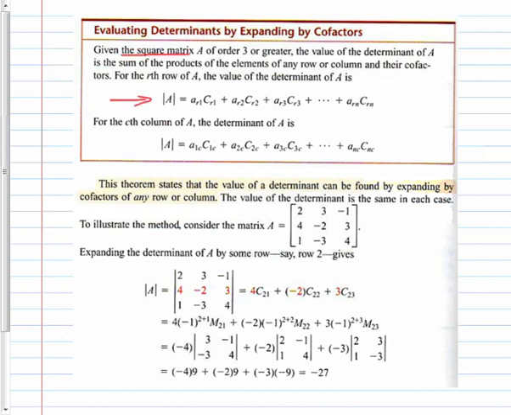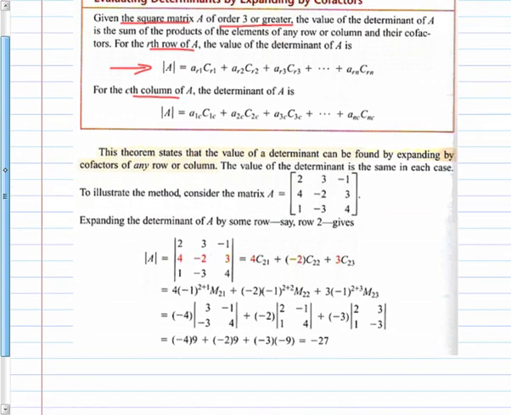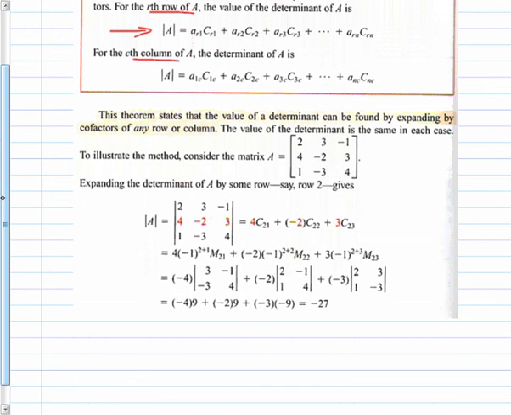Any square matrix of order 3 or greater, 3 by 3, 4 by 4, 5 by 5, 42 by 42, all we are doing is taking any row or column and adding all the cofactors in that row or in that column. Any row or any column, you get the same answer. It's the same determinant no matter which row or which column you decide to do.